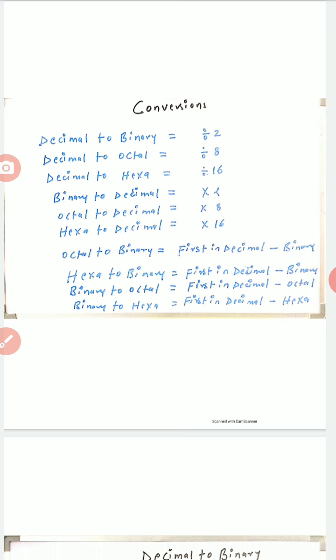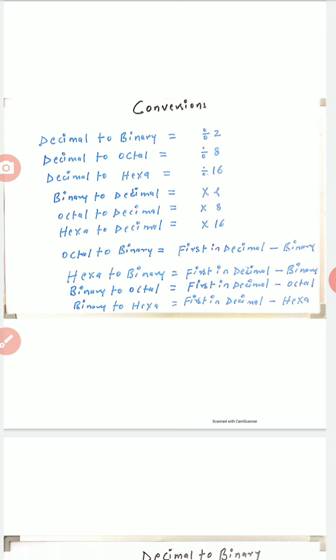First, when you are converting any decimal number into binary, always divide it by 2. The same way, if you're converting decimal to octa, then divide by 8, and decimal to hexa, then divide by 16, as binary means 2, octa means 8 and hexa means 16.